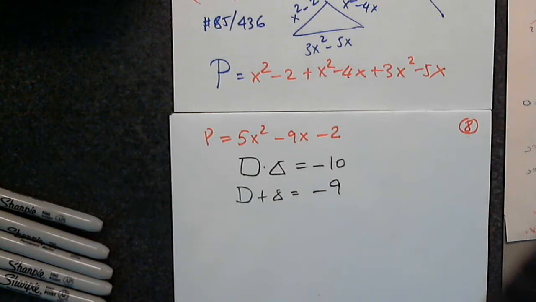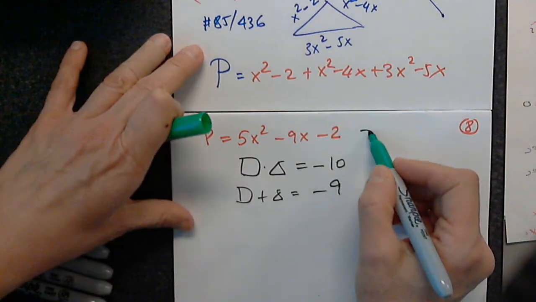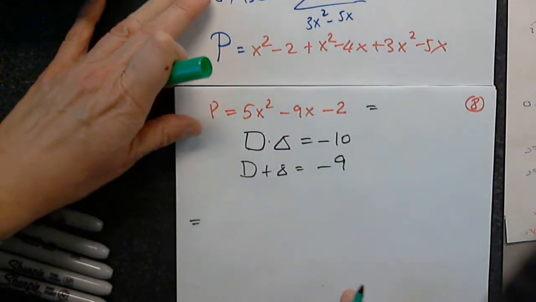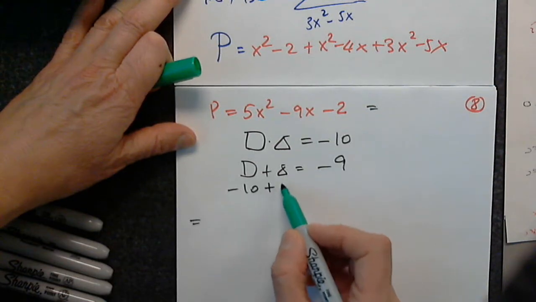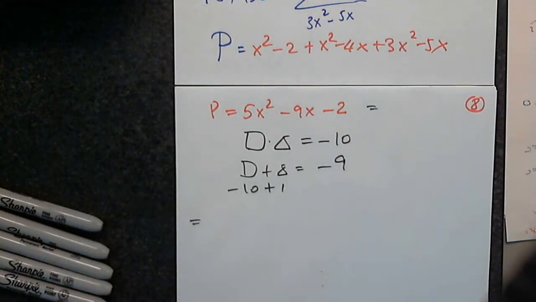But when it comes to numbers like the ones we had in the last half an hour, I will not factor. So what will you say? -10 and +1, indeed. The product is -10, the sum is -9.